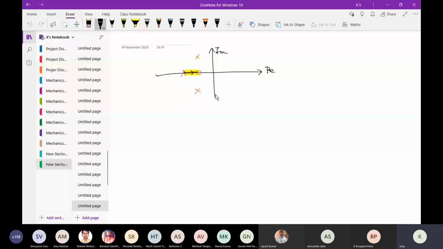So this will go towards infinity, but we don't know how this will go to infinity, or from here how things will go to infinity, or from here. Okay? So our question is whether it's going to be like this, or like this, or this way, we don't know that.